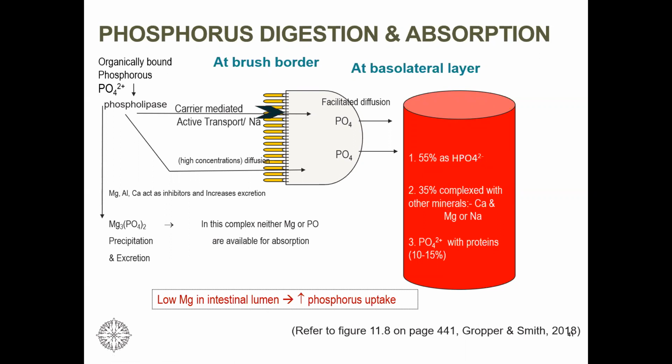We'll talk about this in detail in session 13, because these same macro minerals act as ions, electrolytes, and help us maintain the pH of our blood. Then this form will reveal its relevance. Right now we remember that it can move around in the blood as HPO4. It can also move with calcium, magnesium, or sodium.